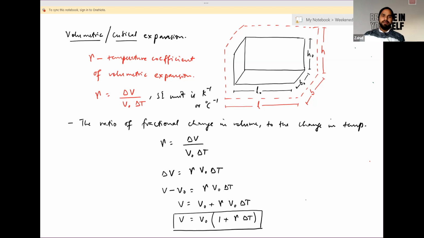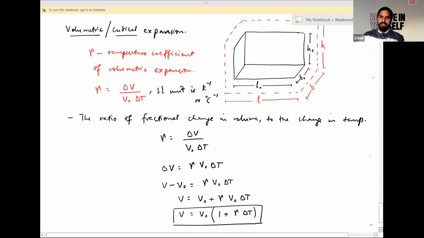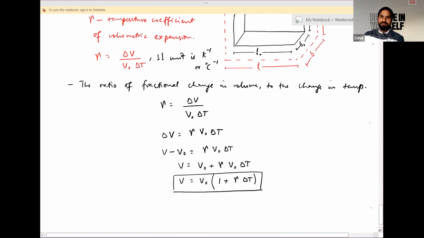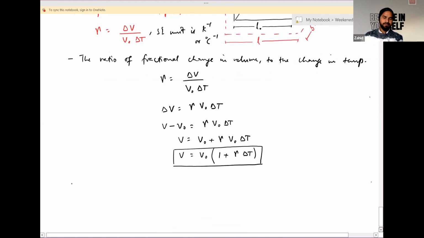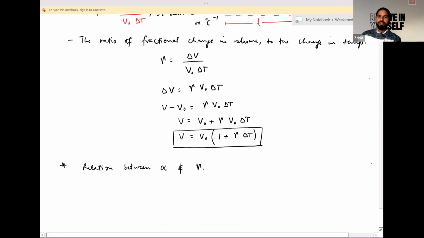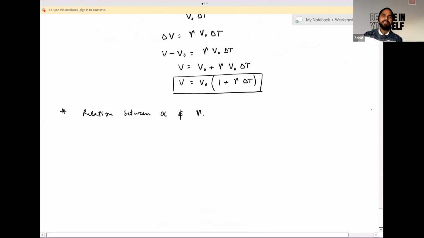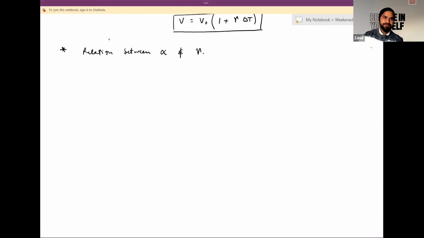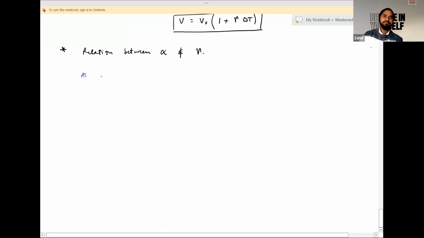Okay. Now we have to define a relation between alpha, beta, and gamma. So let me define the relation between alpha and gamma. As this cuboidal part has length, breadth, and height, we can write length equals L naught (1 plus alpha delta t).